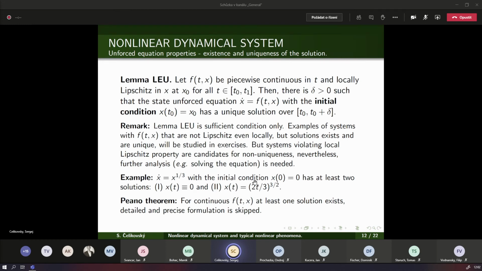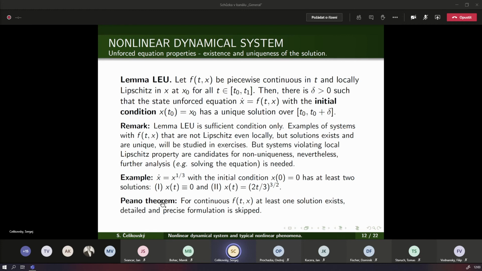No, it still may happen that there is only one solution, but this just explains that it is not a contradiction with this lemma, because really this function is not Lipschitz. So the cubic root of x at 0 is one of the most used examples of a function which is continuous, but not Lipschitz.